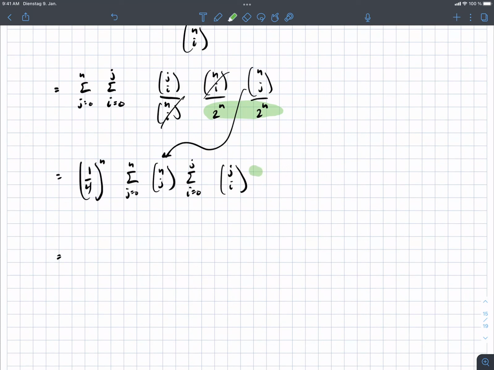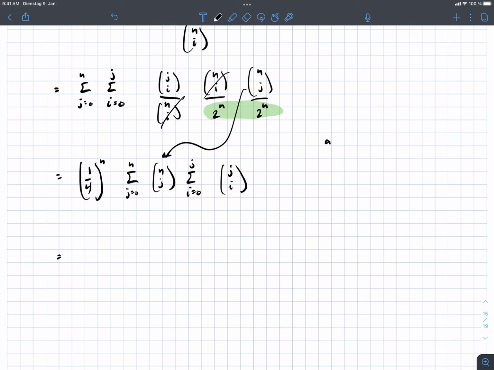Because it seems very hopeless from here to show that this is equal to 3/4 to the power n. Whenever we have a sum of a combination, an n choose thing, we should think about the binomial theorem.